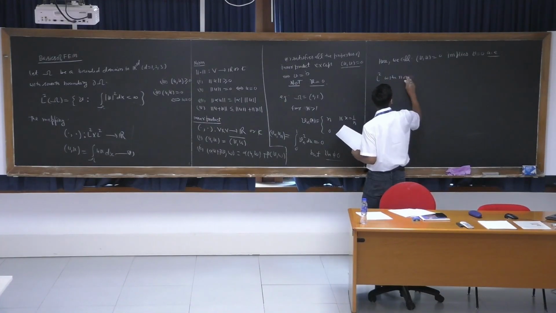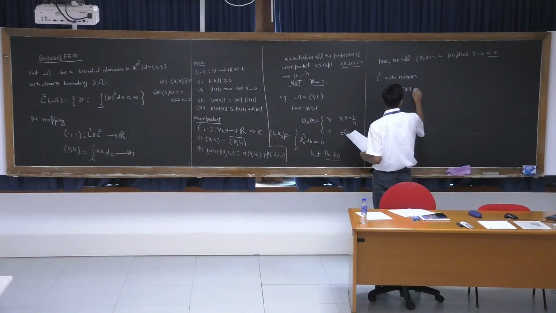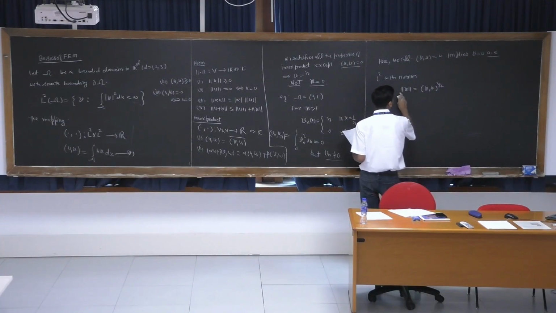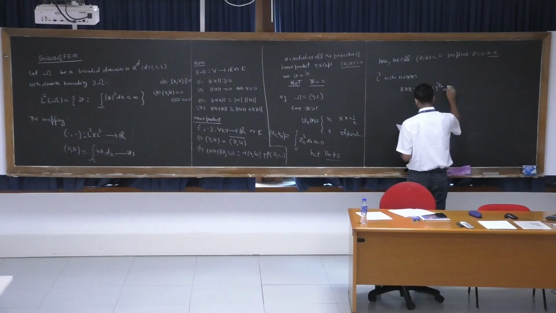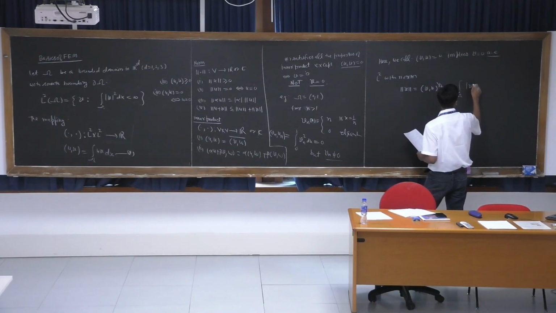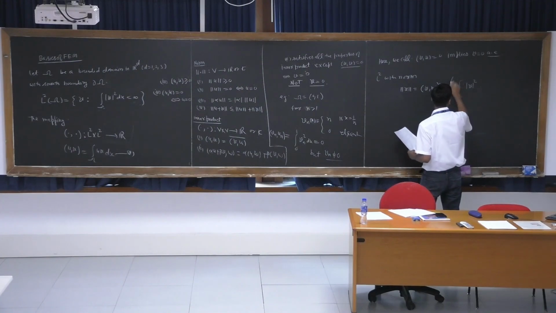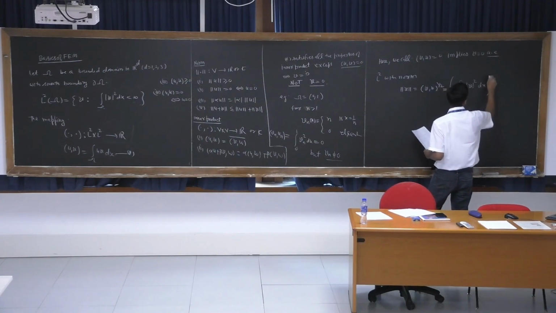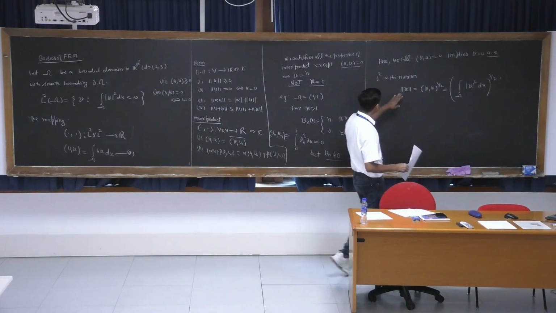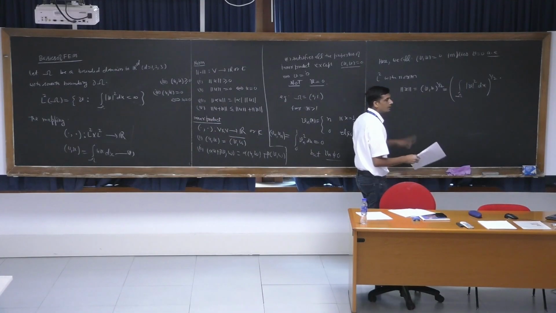If I define the norm of V, that is equal to the inner product of V with V to the power 1 by 2, or you can say the norm squared is equal to the integration of the norm of V squared dx, total power 1 by 2. So this is the norm. With this norm, L2 becomes a Hilbert space.